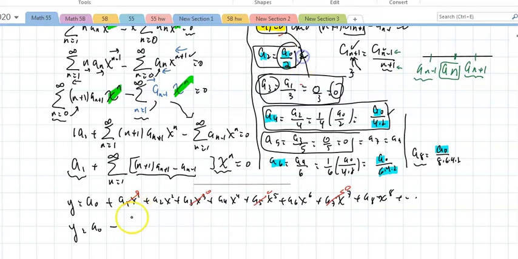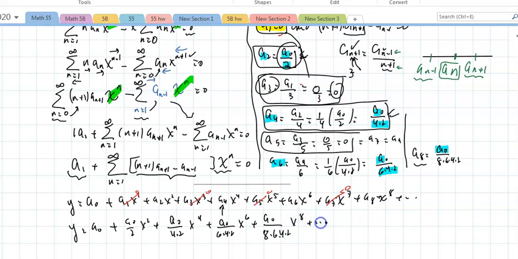It's right there. That is a sub 0 over 2 x squared plus I got a sub 4 to be a sub 0 over 4 times 2 x to the 4th plus a sub 6, a sub 0 over 6 times 4 times 2 x to the 6th, and a sub 8 is a sub 0 over 8 times 6 times 4 times 2 x to the 8th, and the list goes on.